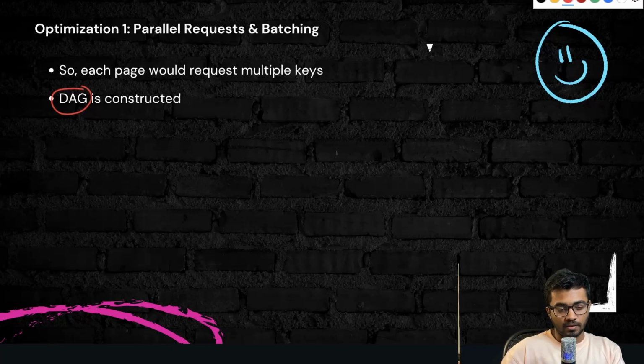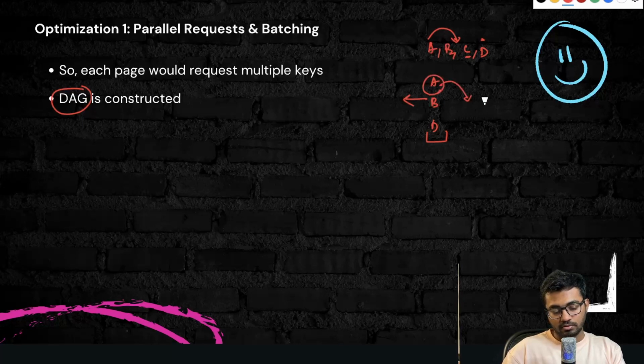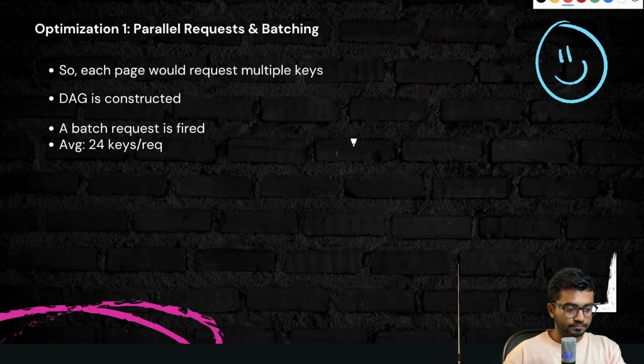For example, if you're fetching A, B, C, D, as we did last time, and C needs A to be present, but B need not have any prior dependency, and similarly D. That means A, B, and D can be fetched in one go, and once the response comes back, we can use A's value to make a request to get C. Based on this, they can decide which things can be clubbed together and passed as a single concurrent request.